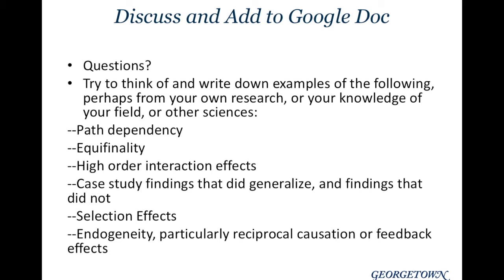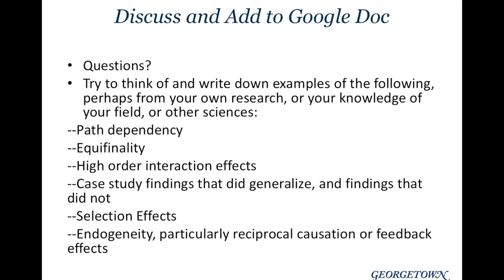If you're taking a class with me, and you're studying either by yourself or in a group, let me ask you to take a few minutes and write down on the Google Doc I've provided either just general questions you have about this presentation, but also try to think of examples, either in your own research project or in your field, examples of research that you know about, or maybe even in other sciences or other fields, examples of some of these phenomena that we could talk about in class.